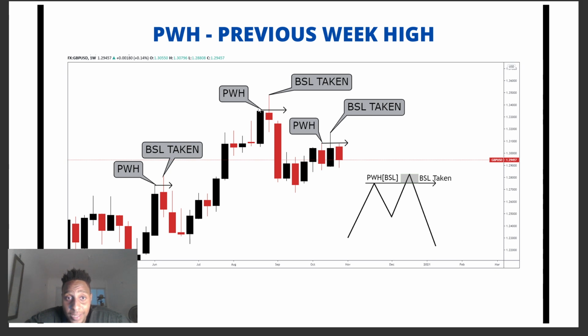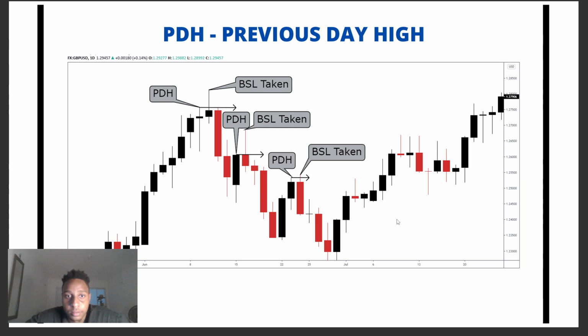Here, buy side liquidity from the previous week high was taken and then price went down. In the same case here, buy side liquidity of the previous week high got taken and the price is going down. Basically, it's this simple pattern.